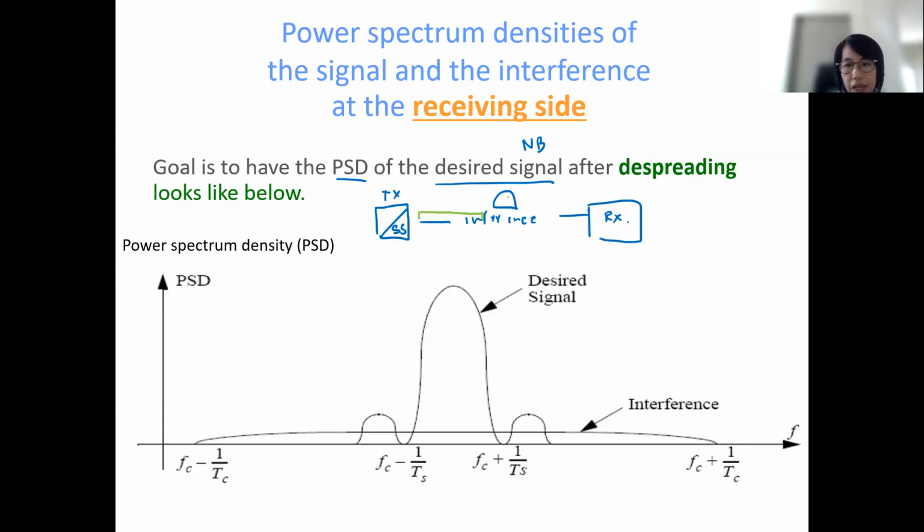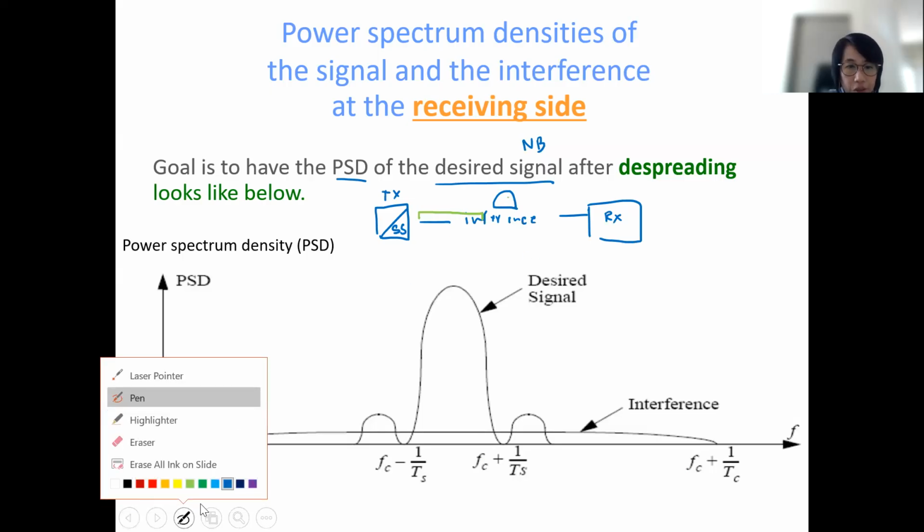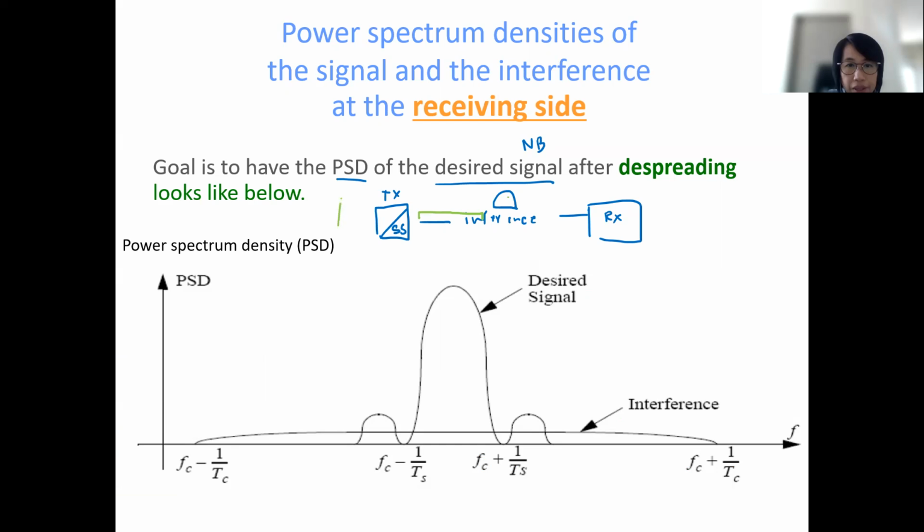So at the receiver side, you have to detect the original one. The original desired signal looks like this, but by going through the spreading block, the narrow band becomes wide band. At the receiving side, the objective is to get this back. So what should you do? You have to do the inverse of what you did at the transmitter side.